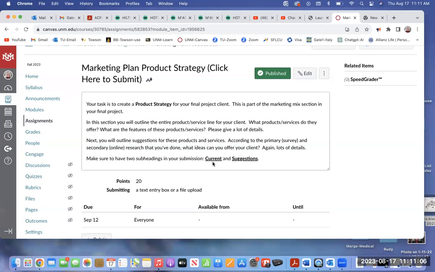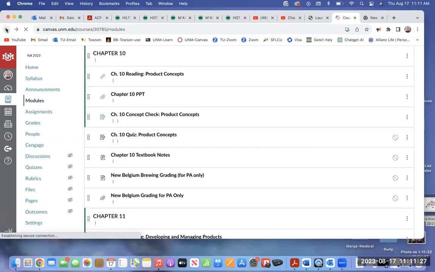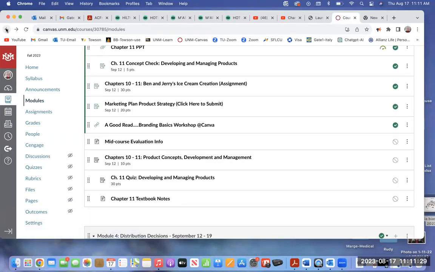So if you make blue, purple, and green ice cream and they want pink, violet, and I don't know, yellow ice cream or whatever, you're going to make those suggestions here in the product strategy draft. And this is worth 20 points. And this is part of your final project. So I suggest you do a really good job. Let me edit it with you, give you some feedback, and then you're going to put it into your final project.